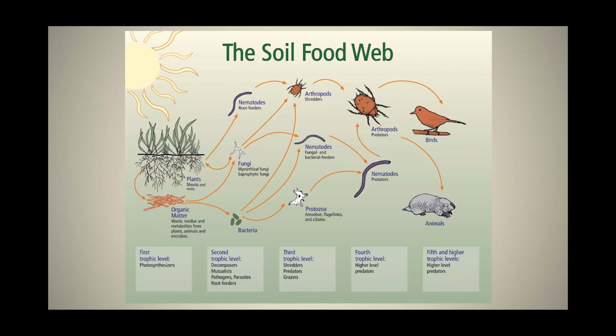So when we look at the soil food web, here's a process where the very first level is we simply have plants. We have organic matter. In the second level, we have our decomposers, those microorganisms that live with the plant. There are pathogens, there's parasites, there's root feeders. In the third level, now we introduce our shredders, our predators, and our grazers.